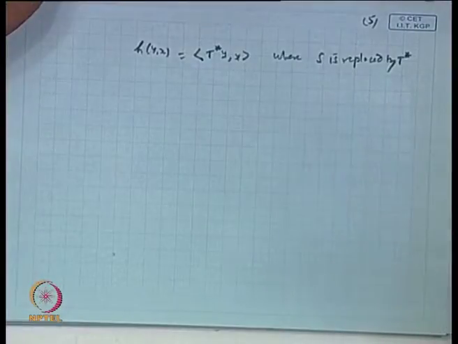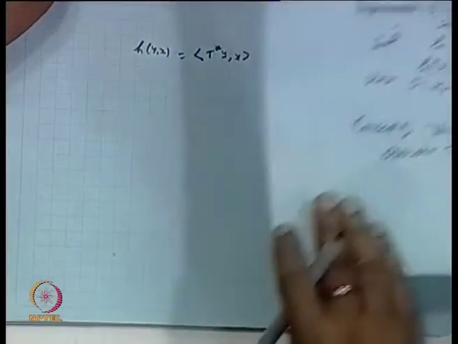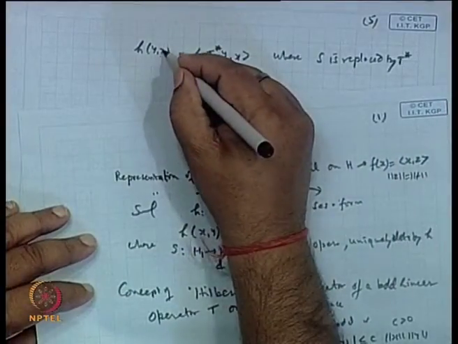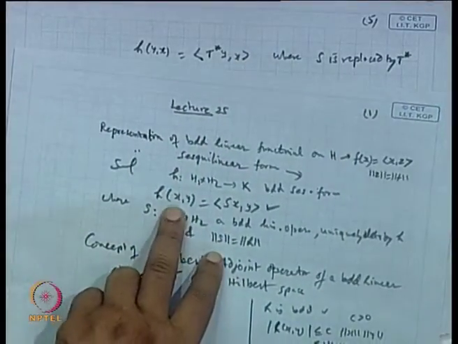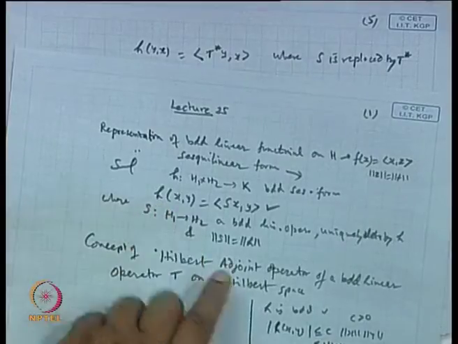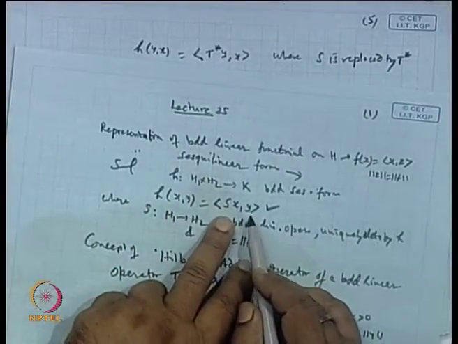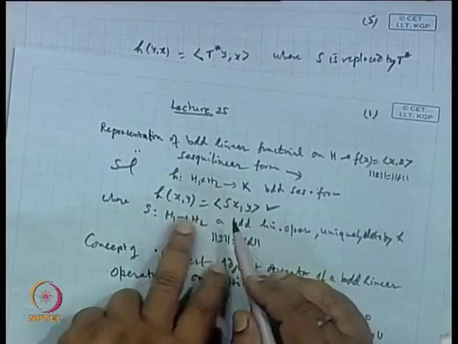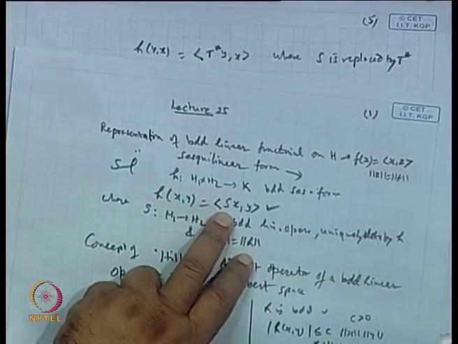Just like here, you just see here, x comma y. Then when you take h of this, what is the change? The change is that it is nothing but an inner product where x is replaced by S of x, that is all.